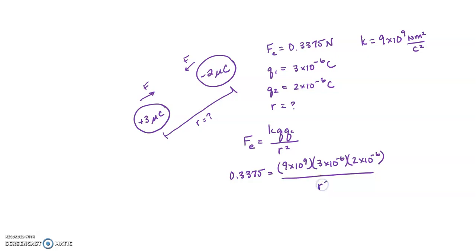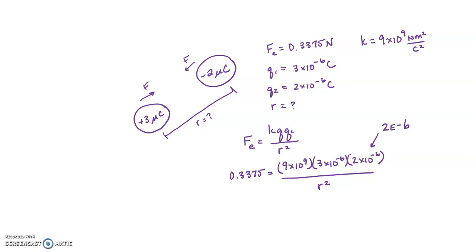When you do this in your calculator, I recommend using the double E function. So I would put 2e-6 in my calculator. Same with this, 9e9, 3e-6. If you punch that in instead of trying to use the exponent button, it's really going to help out.